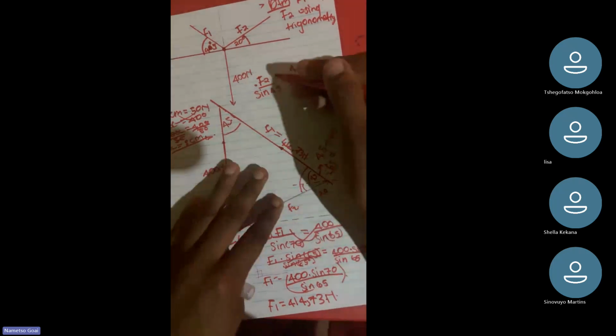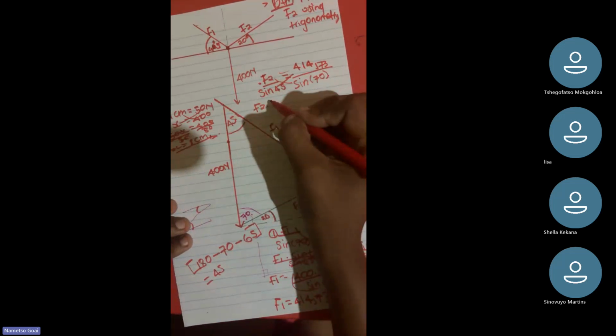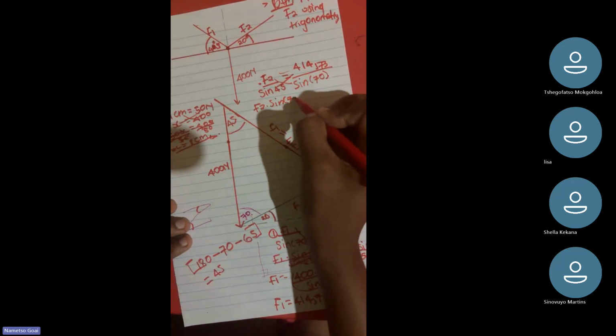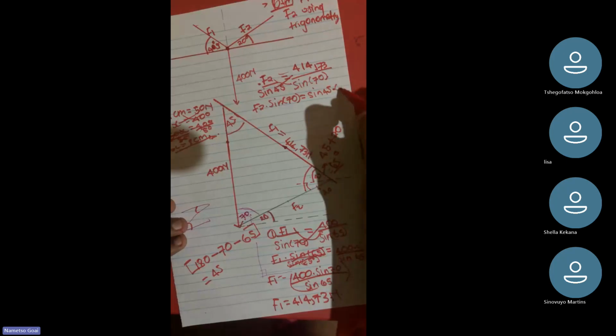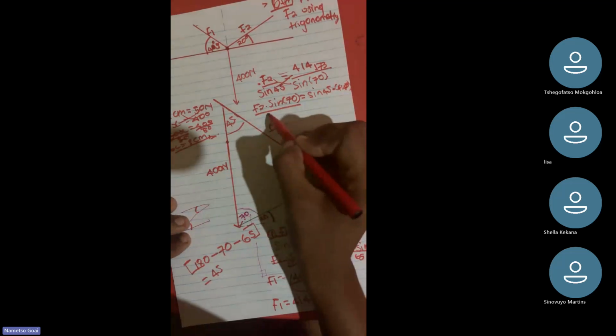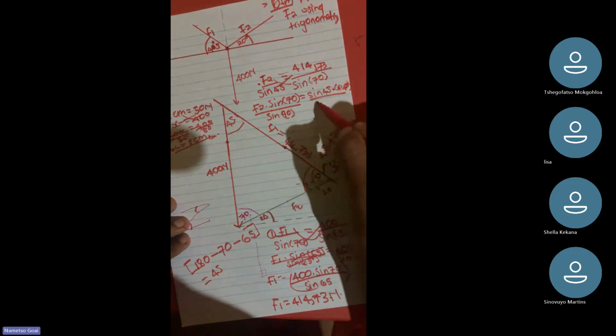So for F2, you're going to have to cross multiply. So you're going to have F2 multiplied by sine of 70 equals sine 45 multiplied by 414.73. May you please put this into the calculator for me? Divided by sine 90.